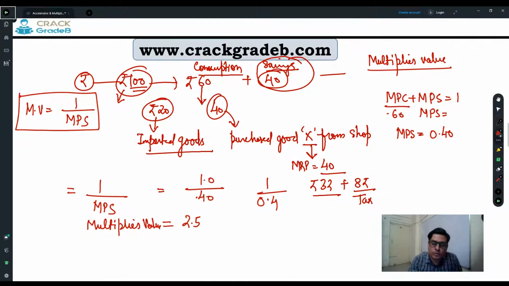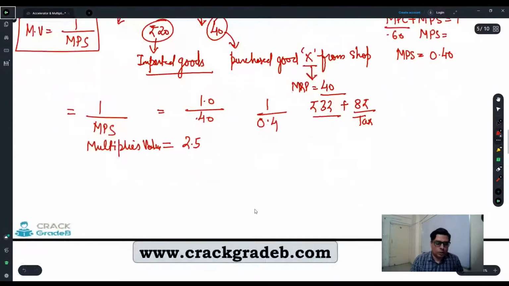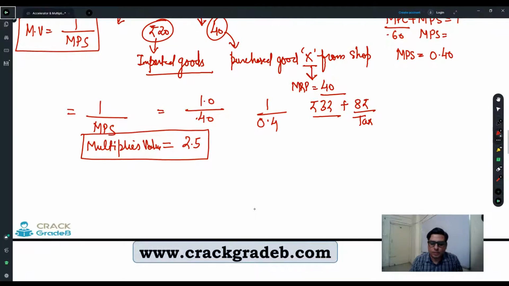It is 1 upon 0.40. Okay, so you can see that if we consider this formula, 1 upon MPS, the value is coming 2.5.